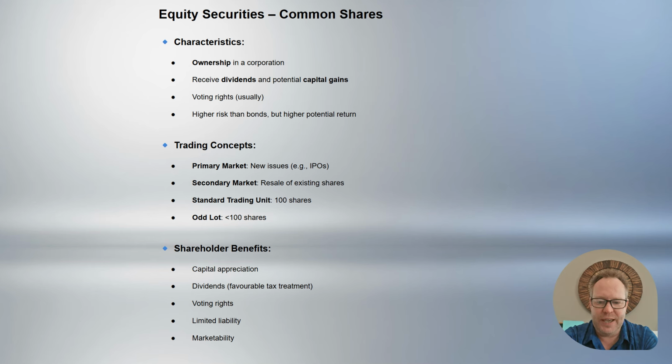Shareholder benefits. So again, what can a shareholder expect from purchasing common shares? They potentially can have capital appreciation, meaning the shares can go up in value. They potentially can get dividends, which, as we discussed earlier, come with favorable tax treatment. You may get voting rights.